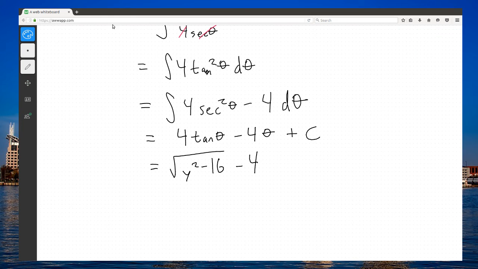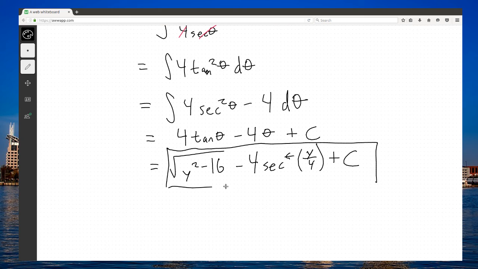That'll get me inverse secant of y divided by 4 plus a c. And that is back in terms of my original variable y, so I put a box around that. That is my final answer.